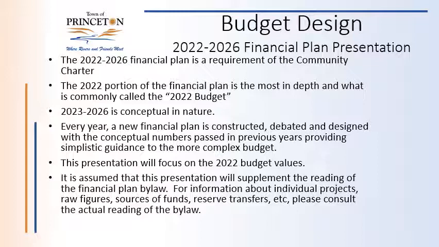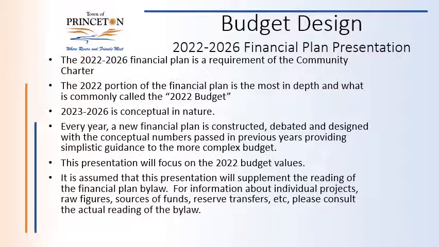We really try and center on the 2022 financial plan, commonly called the 2022 budget. So the 22 budget is part and parcel and incorporated into the 22 to 26 financial plan. The rest of the years, 2023 to 2026, are conceptual in nature.